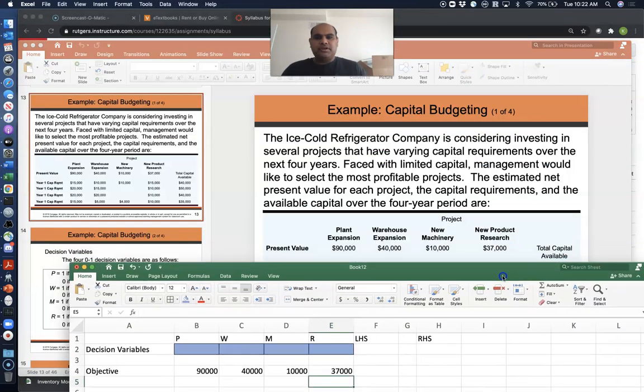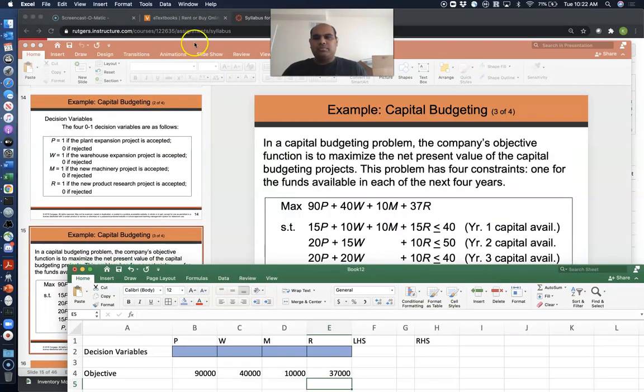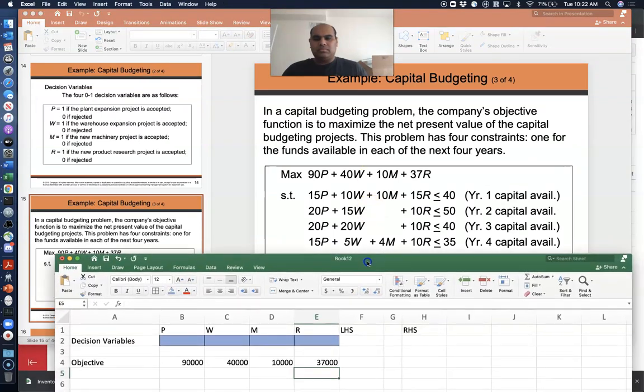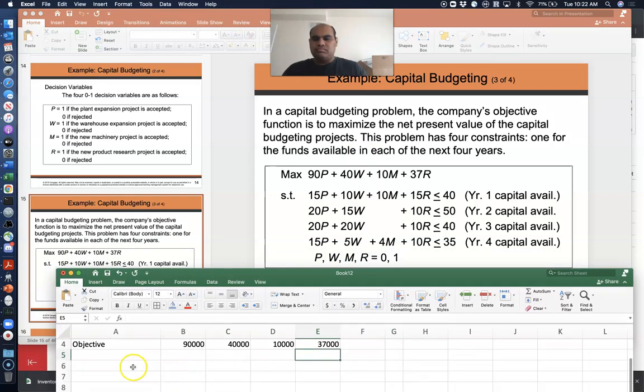Let's write these constraints for the next 4 years. So year 1 budget. The constraints are the 4 years.